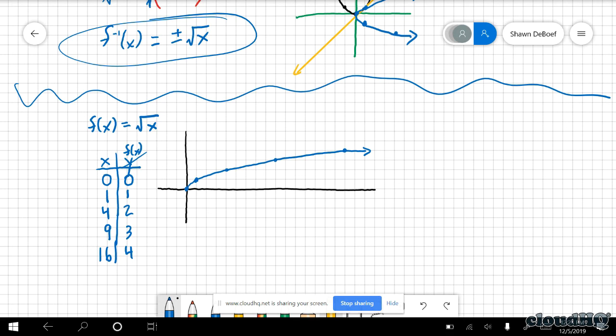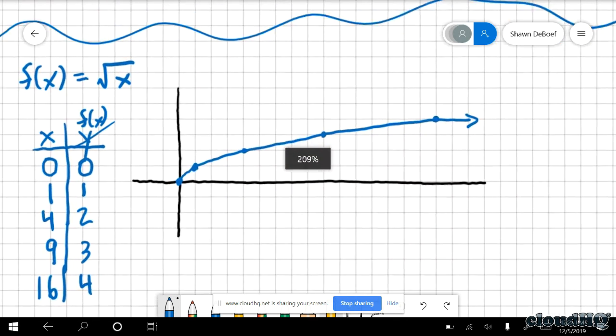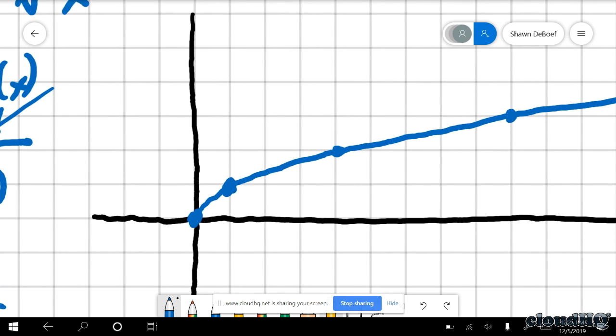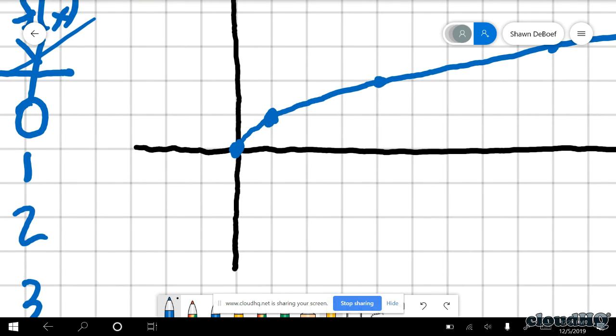Now, I'm not really going to make my graphs that big in the future, but I understand that as it travels to the right, it gets steeper and steeper. I want to point out to you the left side of this graph. Anybody observe what I used for the left side of my graph?